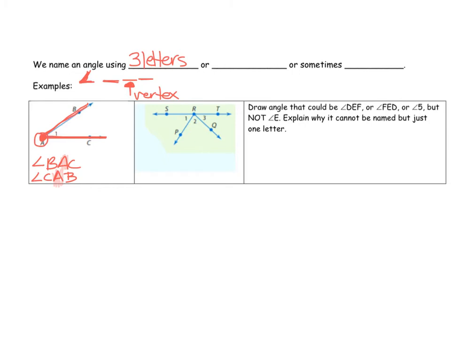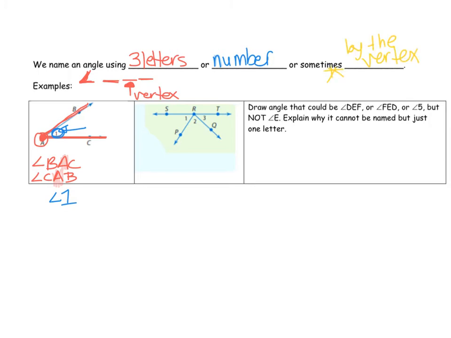The second way I can name an angle is using a number. If I have that number in the center or inside the angle, I can call this angle 1. And then I have one situation where sometimes I can just name an angle using its vertex.